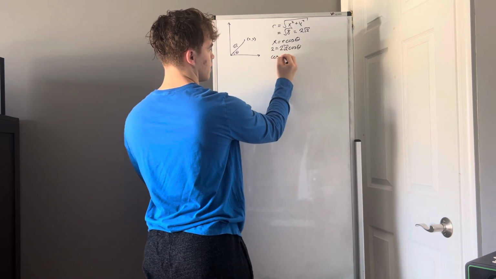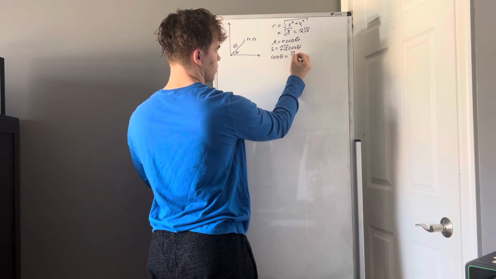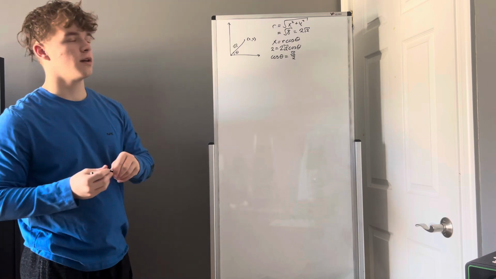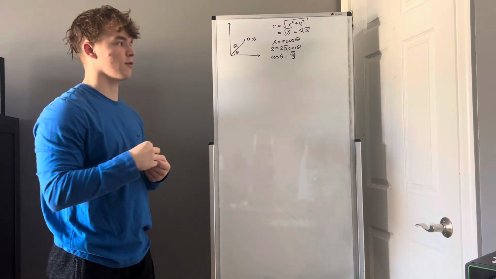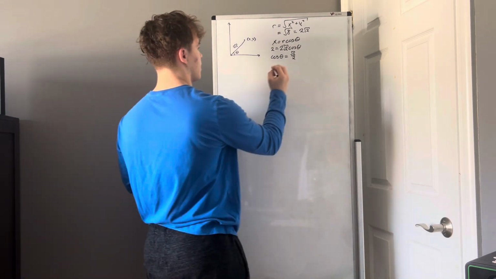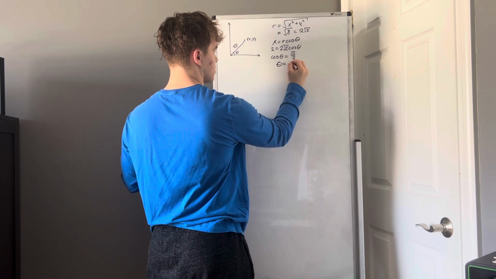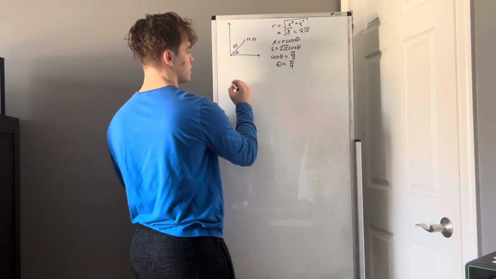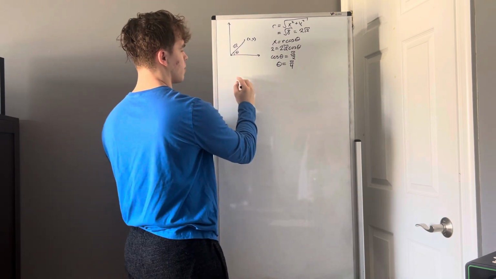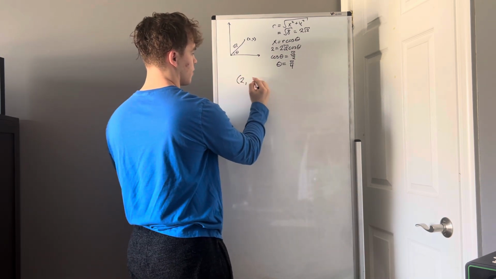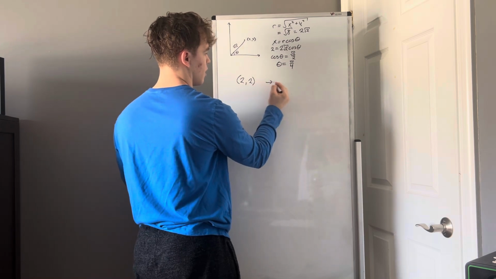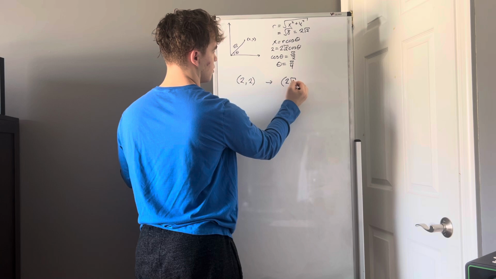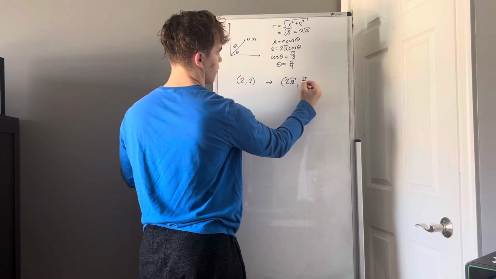So cos theta equals root 2 over 2. And if we couldn't see this already, this is quite obviously a 45-degree line, or we could say that theta equals pi over 4. So our polar coordinates for the Cartesian coordinates 2, 2 are r is 2 root 2, and theta is pi over 4.